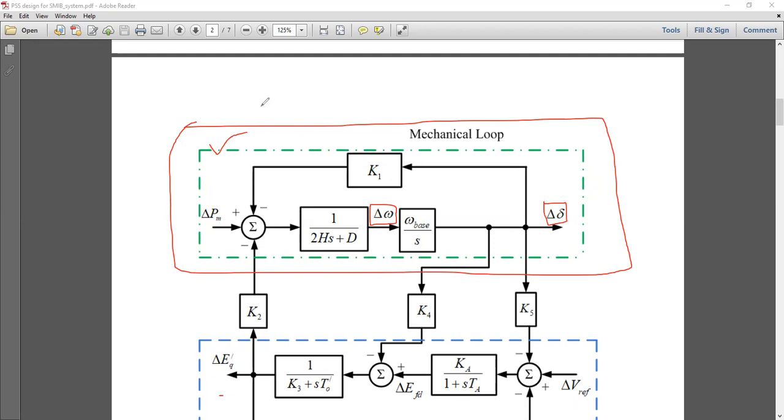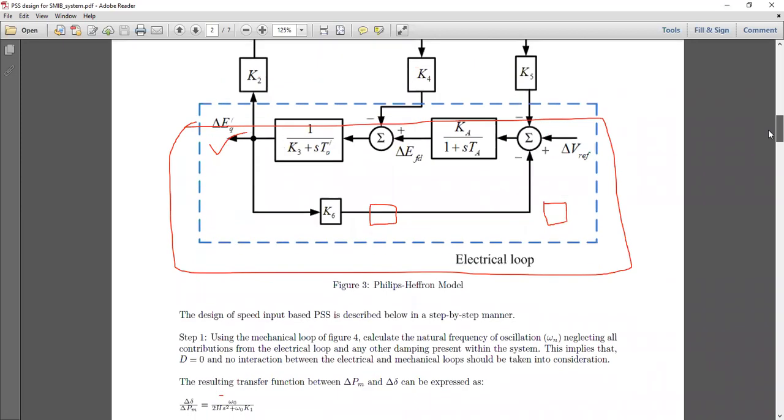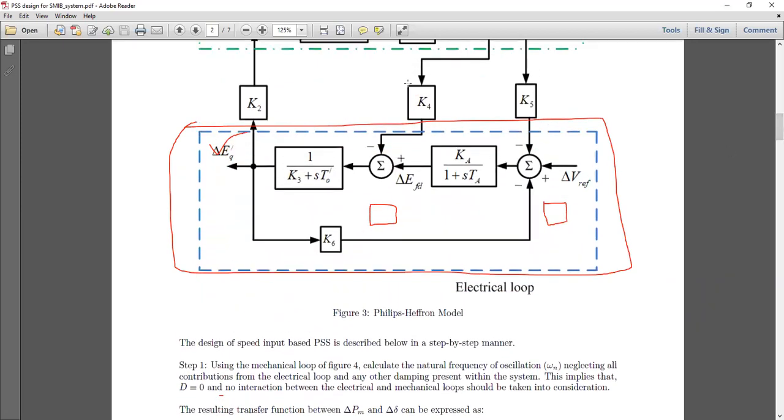And the one at the bottom provides two outputs, both of which are electrical, like delta EFD; specifically, both of them are voltage outputs or changes in voltage outputs.